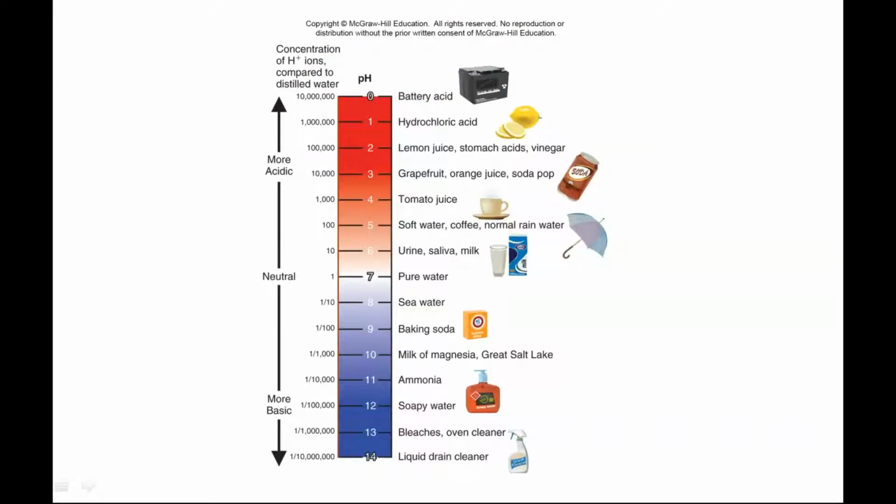And I wanted to take you to this diagram. The pH of normal rainwater is 5.6. On this particular diagram it is shown around 5, so it's pretty much similar to the pH, for example, of coffee.